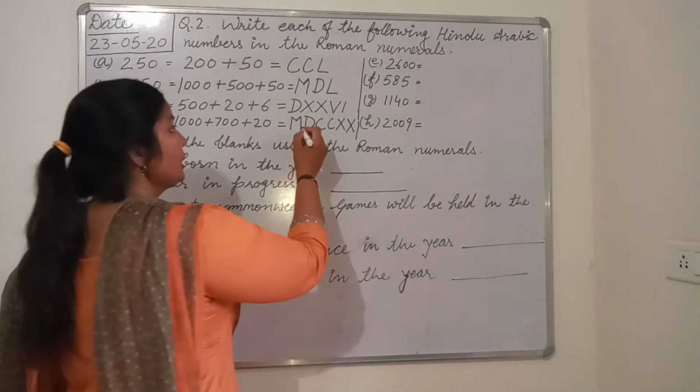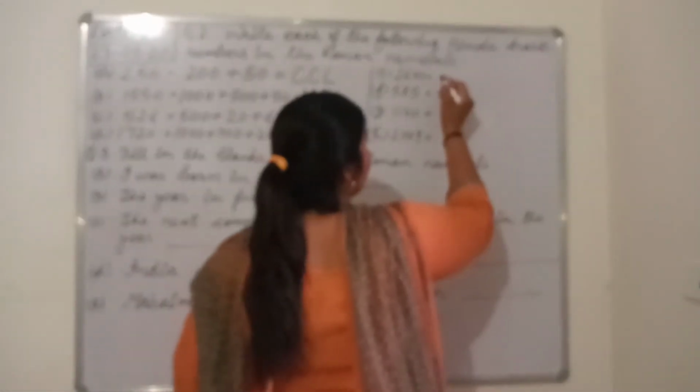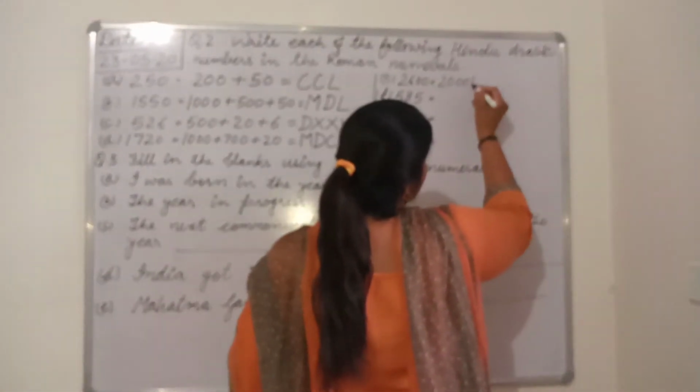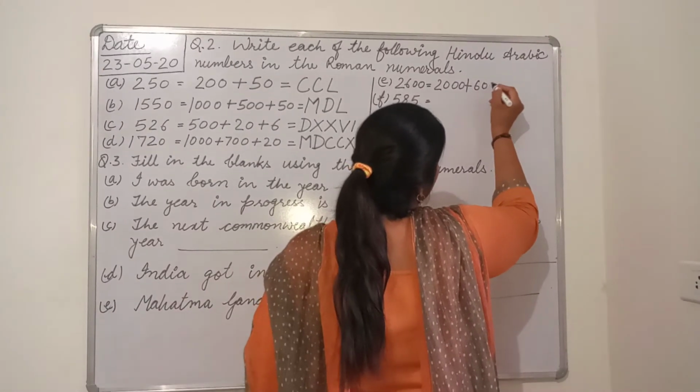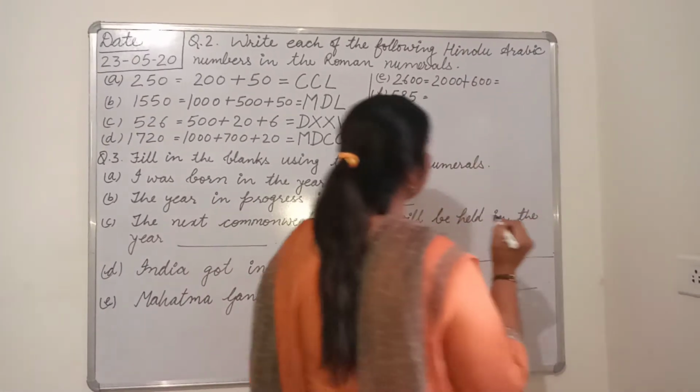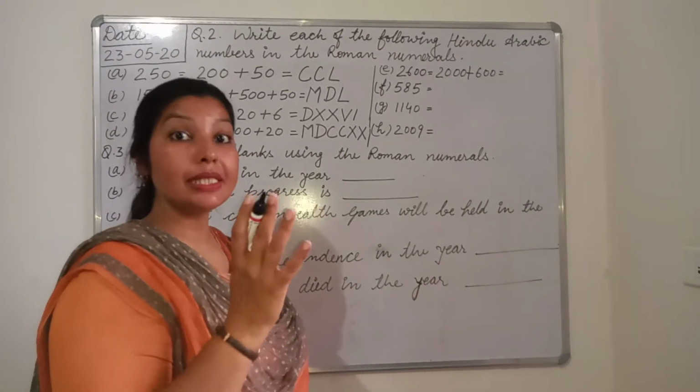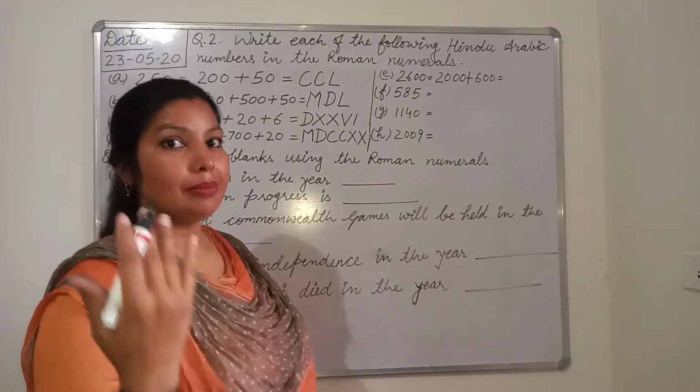Now next is E part, 2600. So firstly make its expanded form: 2000 plus 600. Now how to write 2000? For 2000, 2 times M, because 1 time M means 1000. So 2 times M means 2000.